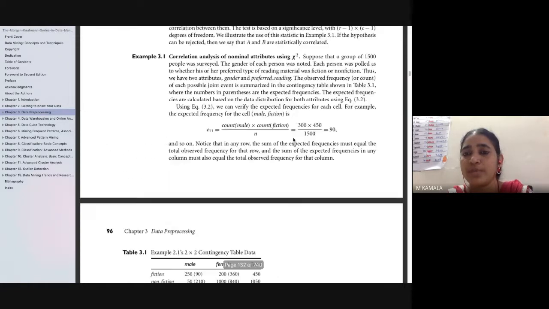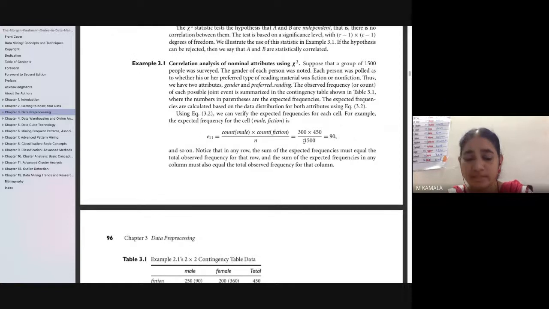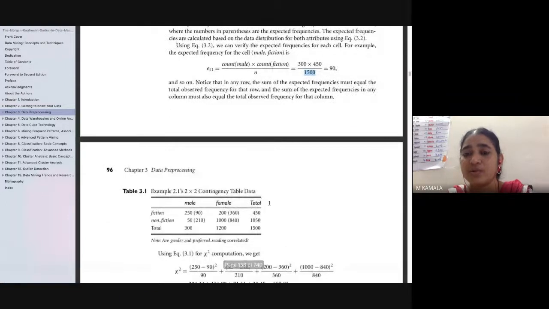The total population here is 1500. Whatever values you take, they should add up to 1500. Here fiction is 450, non-fiction is 1050. The total male are 300, female are 1200.